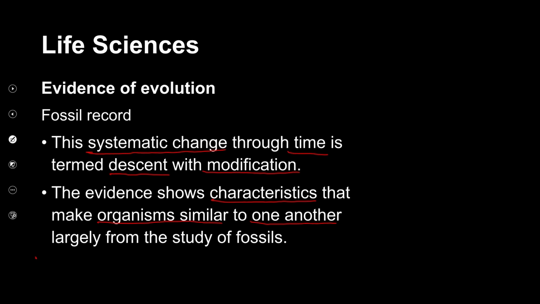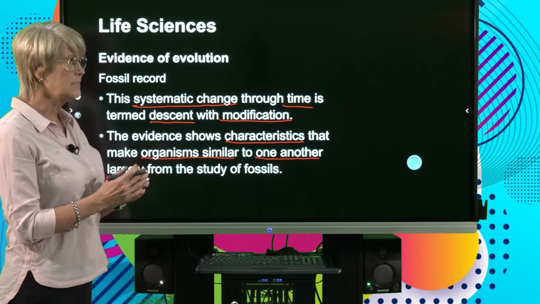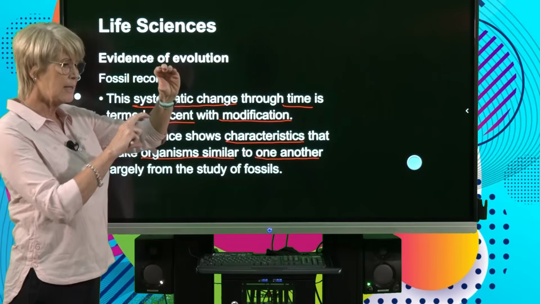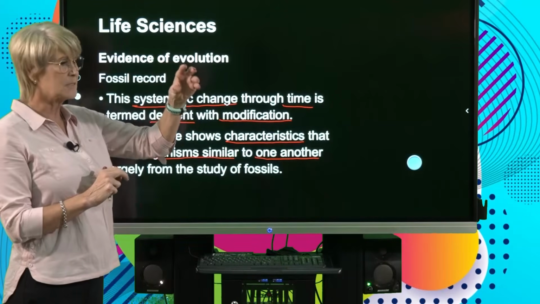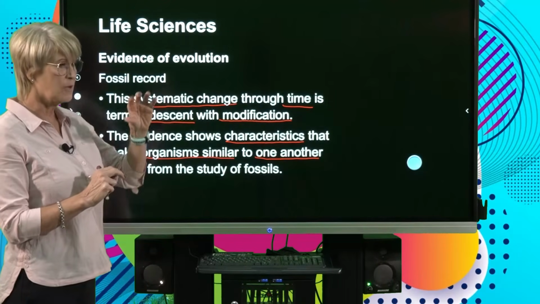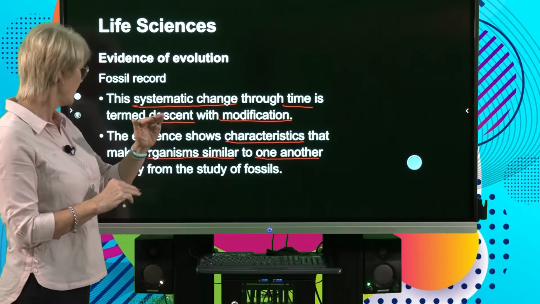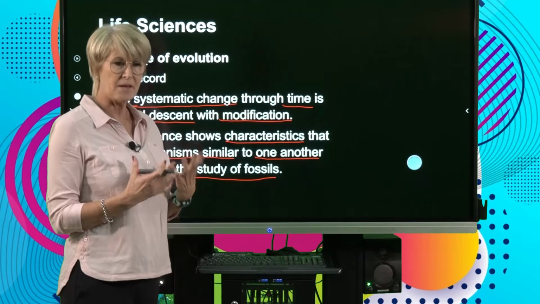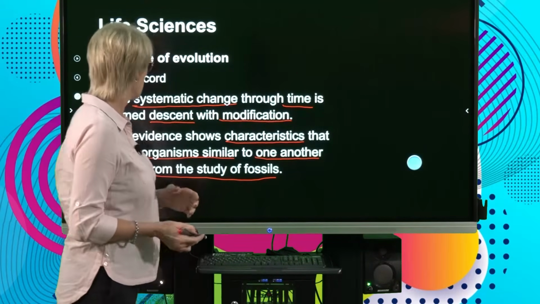We can look at various layers of fossils through the time periods and ask: did the organisms in a layer above evolve from, or descend from, the fossils in the layer below? All of that information we can gather from the study of fossils. So they are a very important part of our record of evolution as it has taken place.